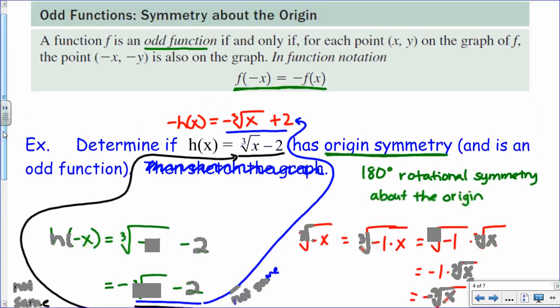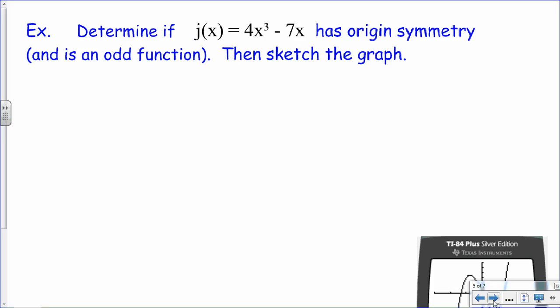Okay, so I want to look at another one. And I am going to show the graph of this one.